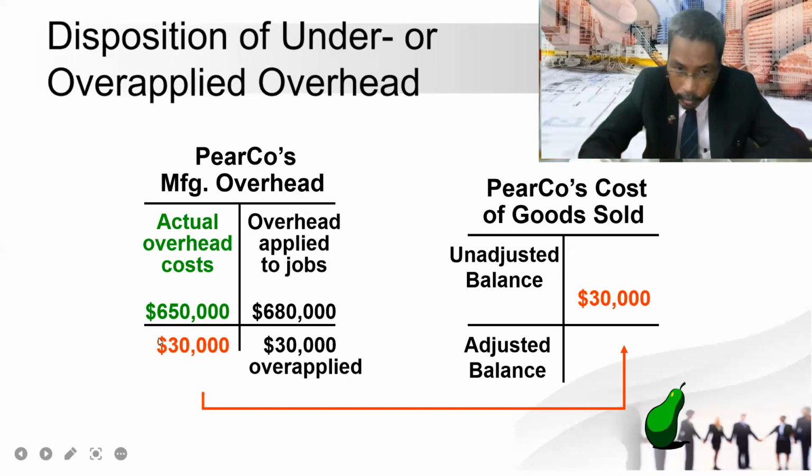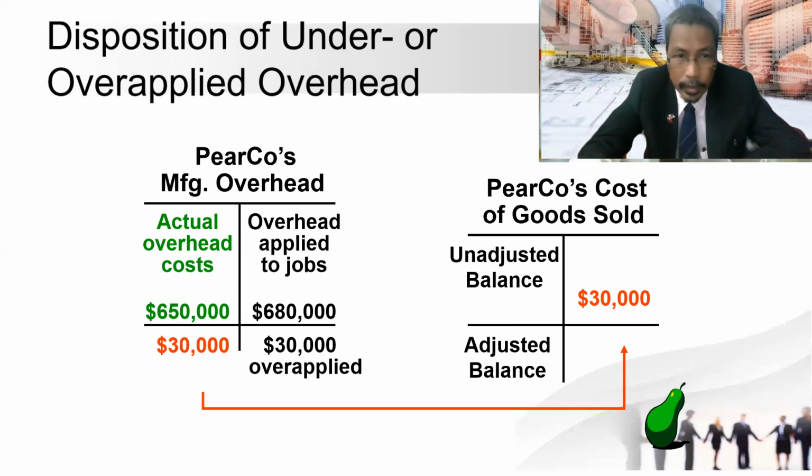Because you put it on the left side, you also have to put it on the right side. So it will balance. Debit manufacturing overhead, 30,000. Credit cost of goods sold, 30,000. And that's how we balance it out.